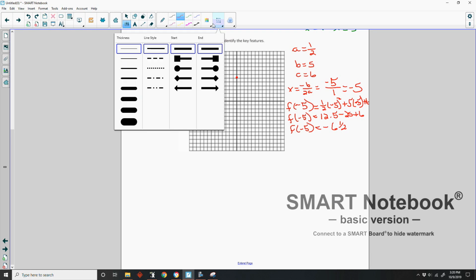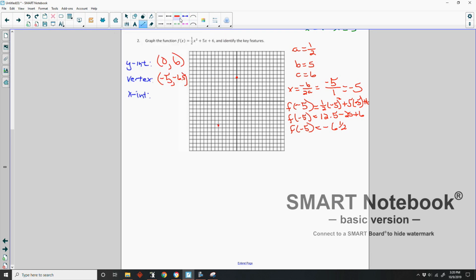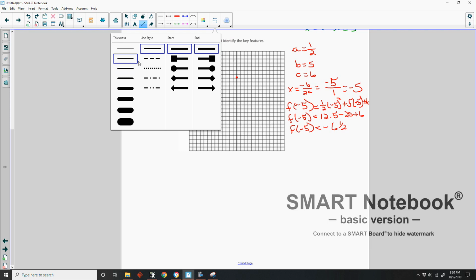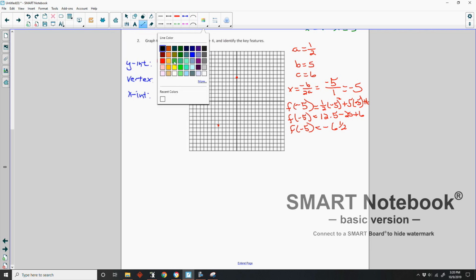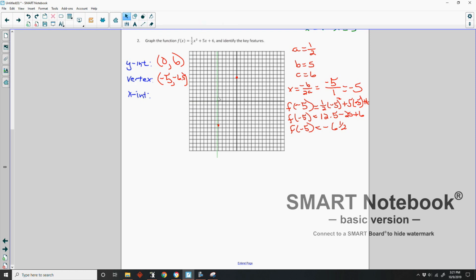And if I draw a line, let's make it green this time because I'm using a red dot. Let's just do a vertical line and then move it over to there. Okay, there's my axis of symmetry, so x equals negative 5.